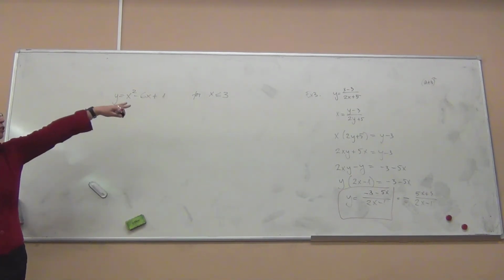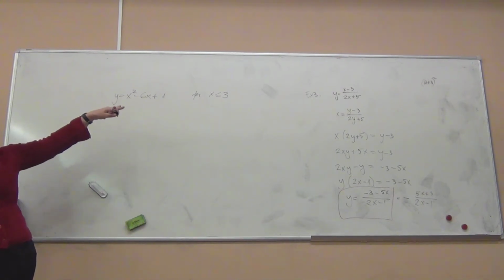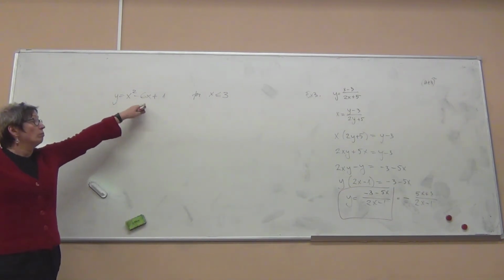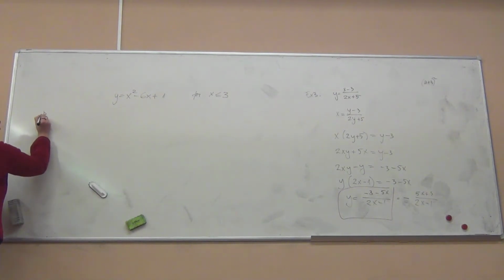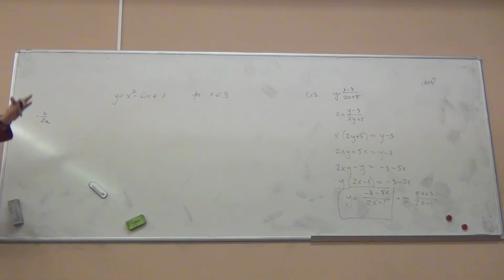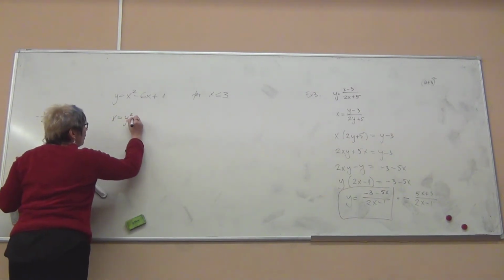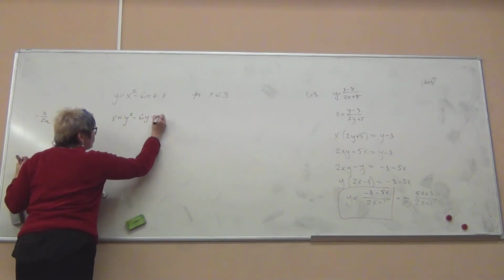So for now we are taking to the left of the vertex. Vertex is obviously at x equals 3, minus b over 2a, if you remember, to the left of the vertex. All right, so x equals y squared minus 6y plus 1.